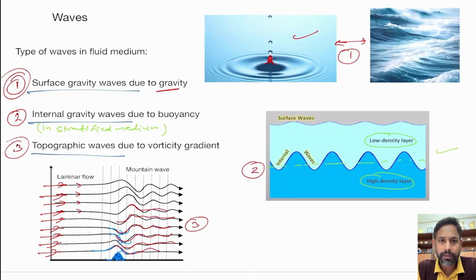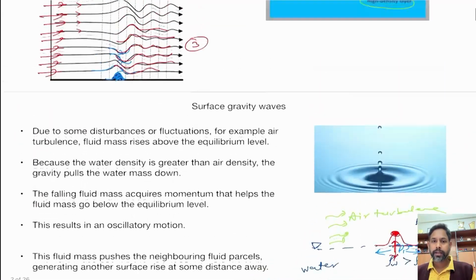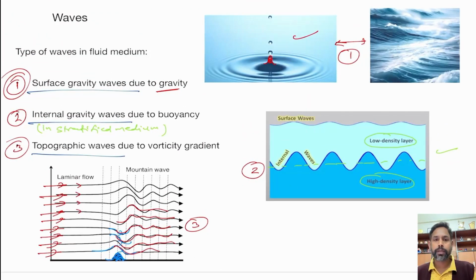However, having seen the basics of surface gravity waves, it will also be possible for you to explore the basics of internal gravity waves or topographic waves, etc. on your own. Okay, so we conclude the waves part, and we will go to the next topic in the next lecture.